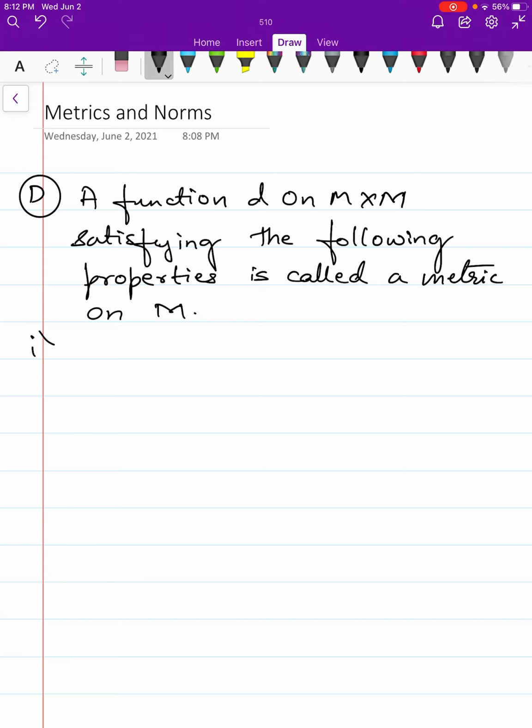So the first one, 0 is always less than or equal to d of x comma y, which is less than infinity. That is, the functional value of d is always greater than or equal to 0.